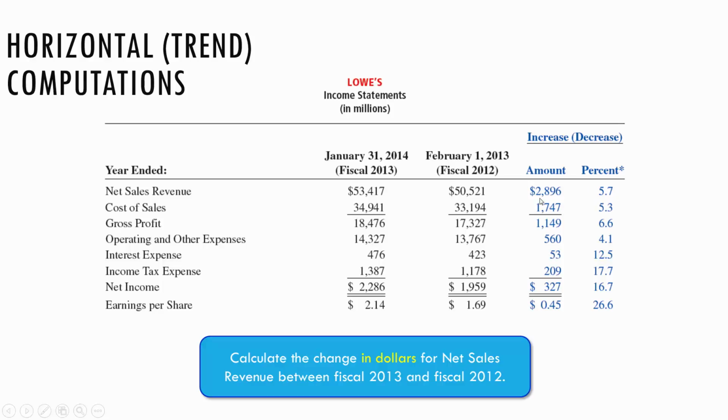If we use the current year first and subtract, it'll come out right. It'll be a positive change, and it'll be a 5.7%. So we say there's a 5.7% increase in revenue. And what you're going to do with this sort of analysis is go through it and say, well, revenue increased 5.7%, but net income for our company increased by how much? 16.7%.